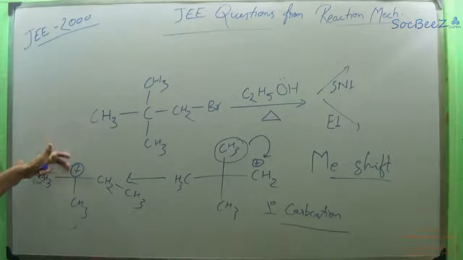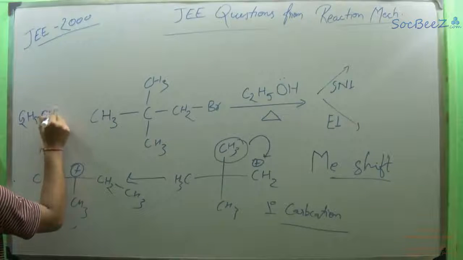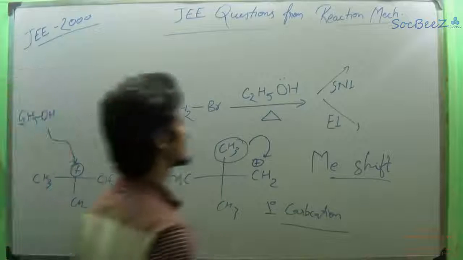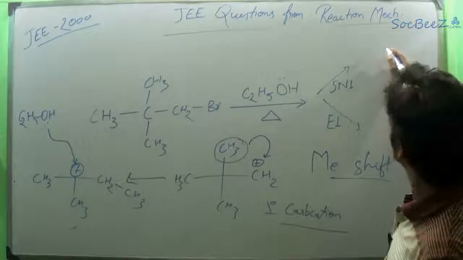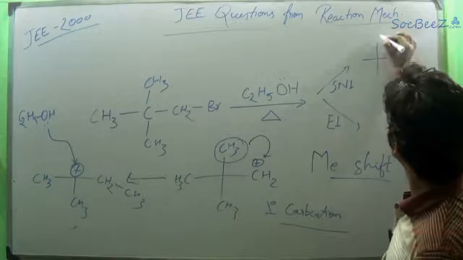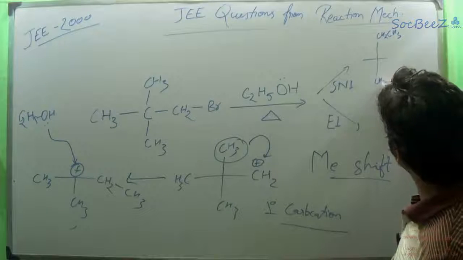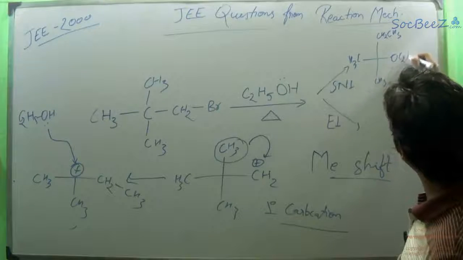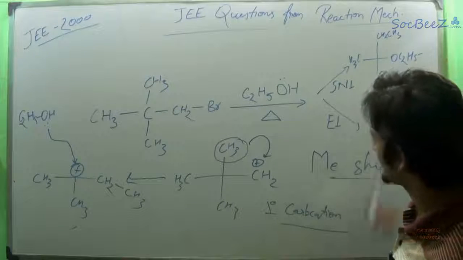The first one is attack of C2H5OH as a nucleophile, thus giving our SN1 product, which is CH2CH3, CH3, CH3, and OC2H5 on the same carbon. So this is our SN1 product.